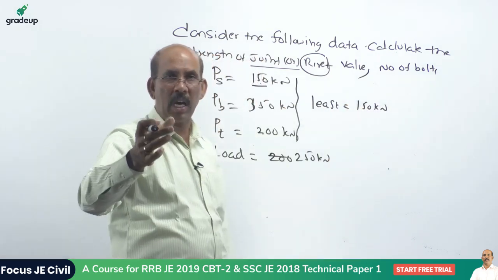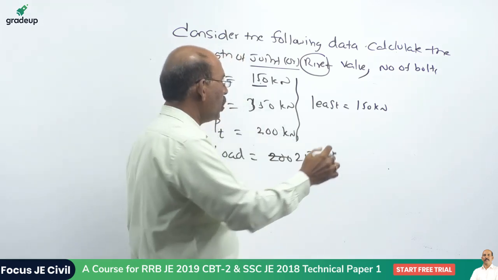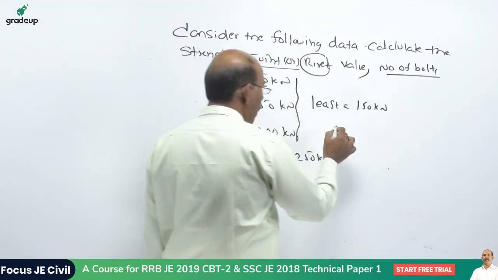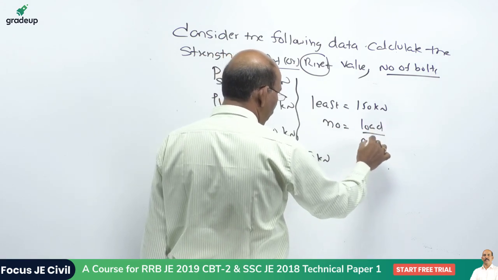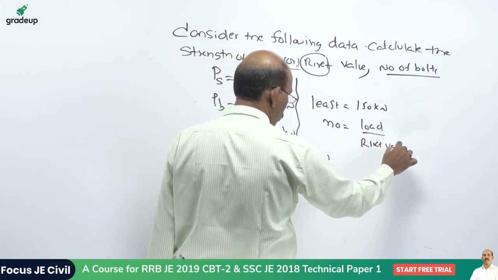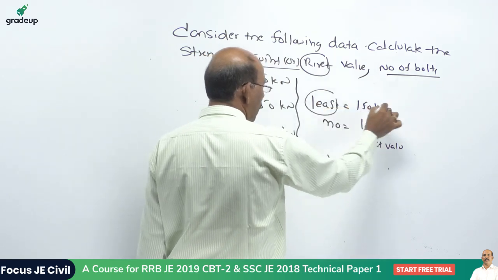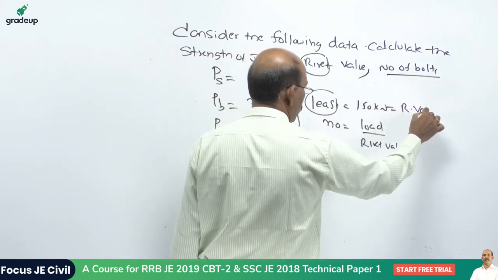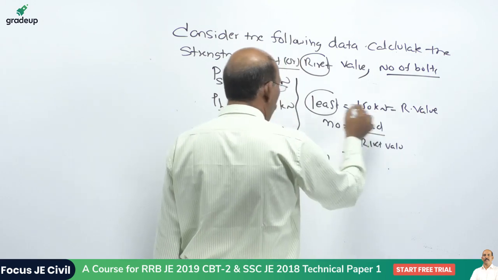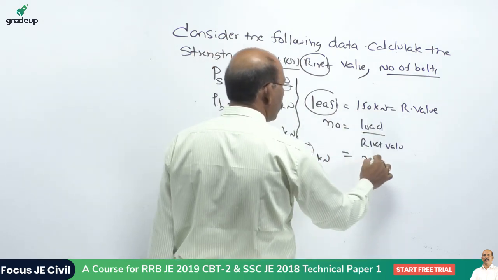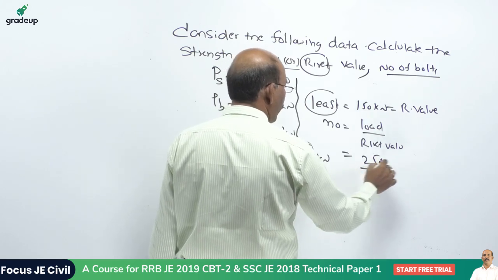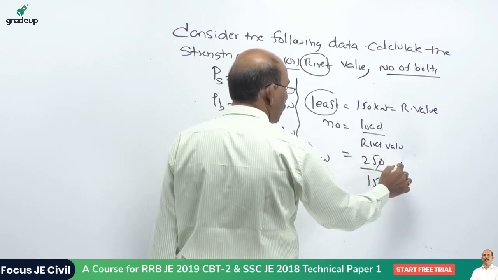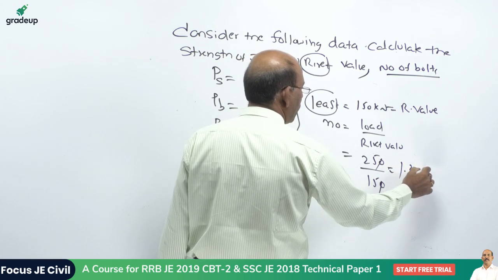Coming to the number of bolts or rivets here, the number is equal to load divided by rivet value. The least is the rivet value. Therefore load is given as 250 and rivet value is 150, so approximately 1.3 something.